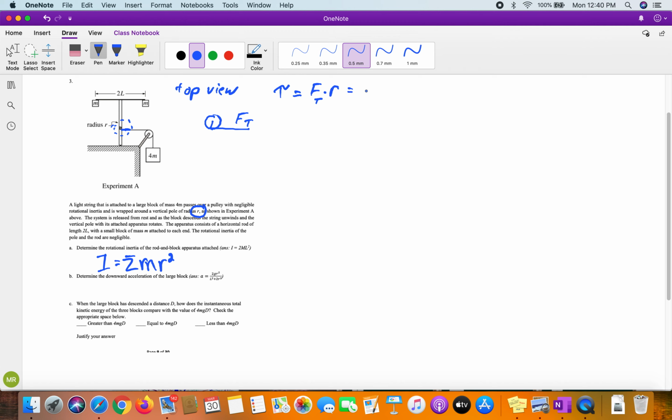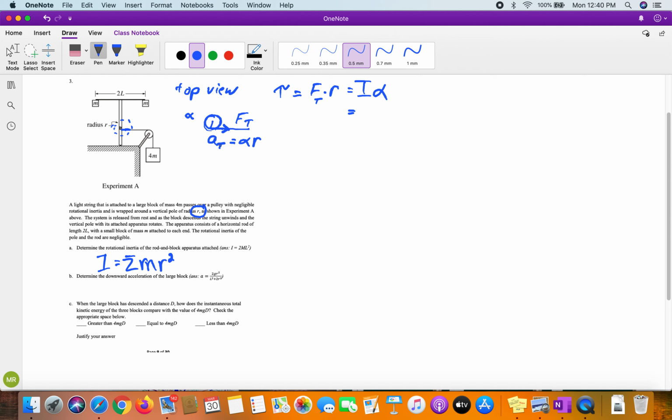Now we also know that torque is I times alpha. And alpha is related to the linear acceleration or the tangential acceleration. So this rotational acceleration, which we're calling alpha in radians per second squared, is related to the tangential acceleration at this point, A tangential, by saying that it's alpha times r.